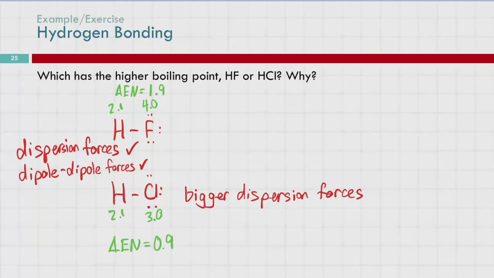Which of those is going to have stronger dipole-dipole forces? Dipole-dipole forces depend on the bond being polar. A stronger polar bond will have stronger forces. Which has the stronger polar bond? HF. So HF is going to have the stronger dipole-dipole forces.